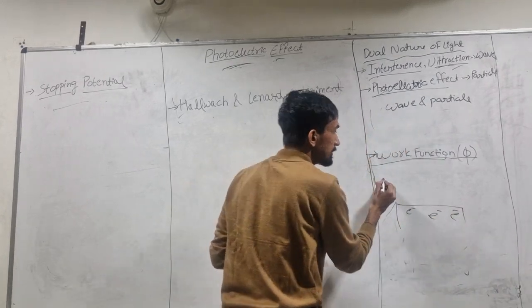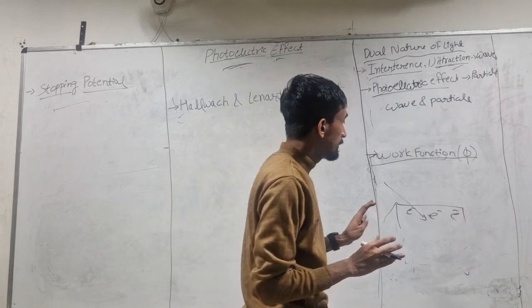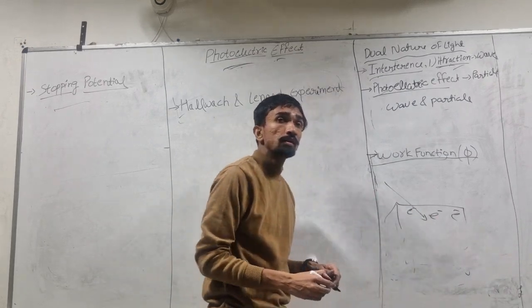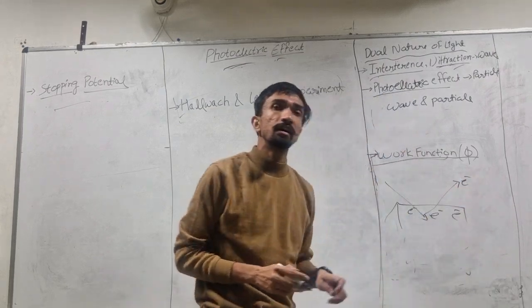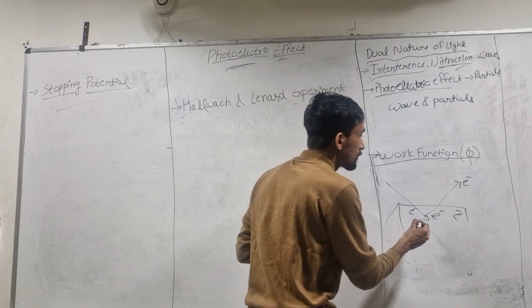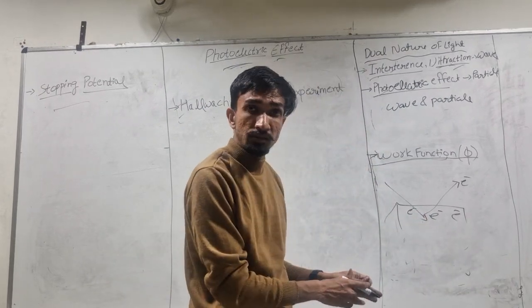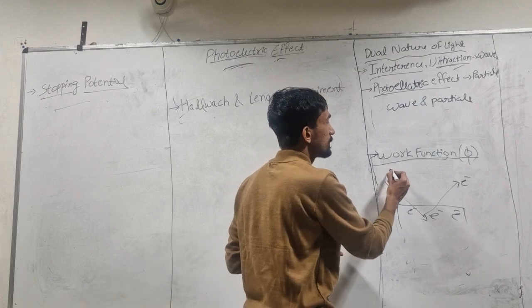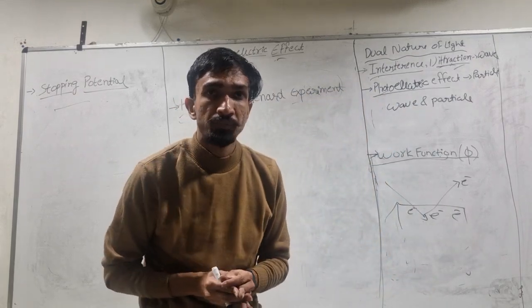So when we incident some kind of radiation on these surfaces, the electrons leave the surface if they get enough energy. So the energy required to leave the surface of the metal is known as work function. It is different for different elements.